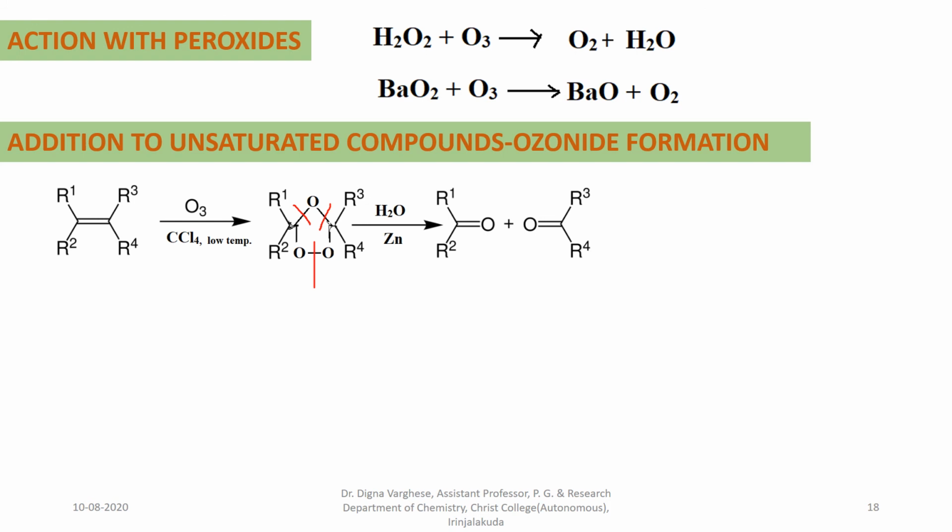When we add ozone to the alkene in an inert solvent, carbon tetrachloride, at very low temperature, the bond breaks and an ozonide forms, which on reductive hydrolysis gives ketone or aldehyde depending upon the alkene used.